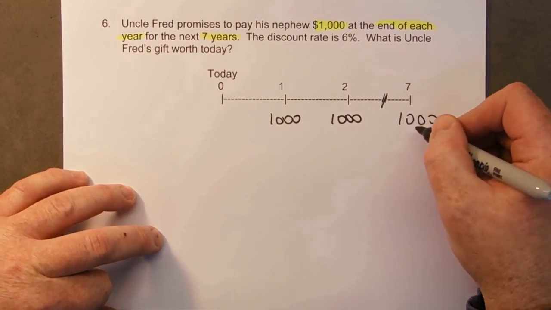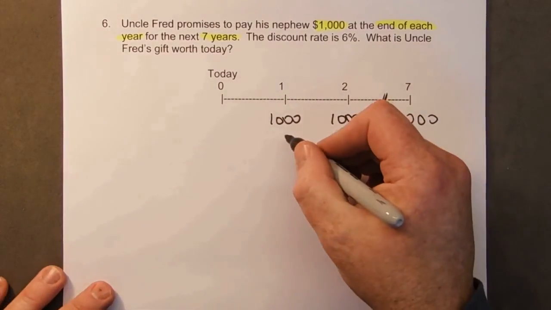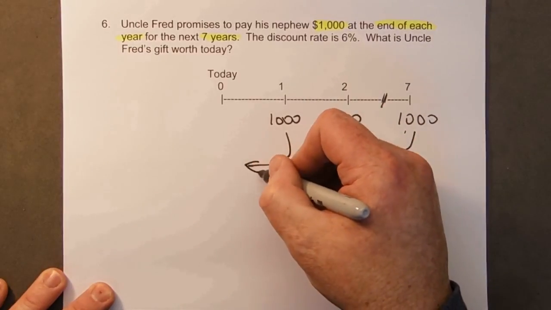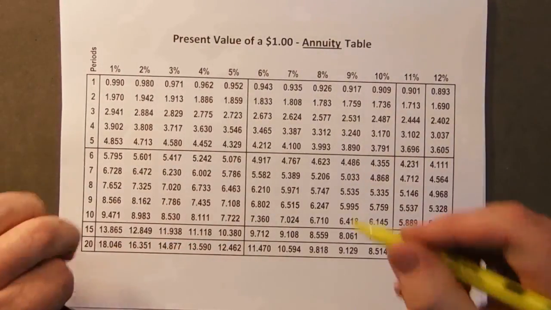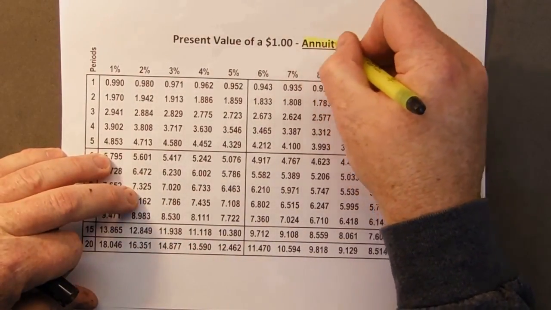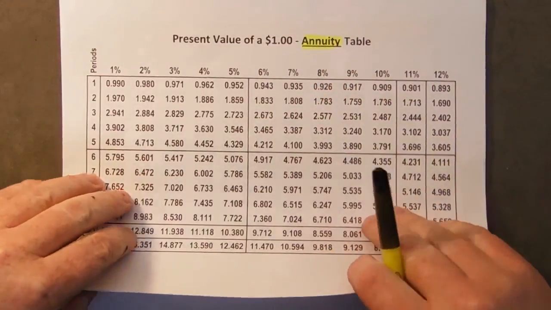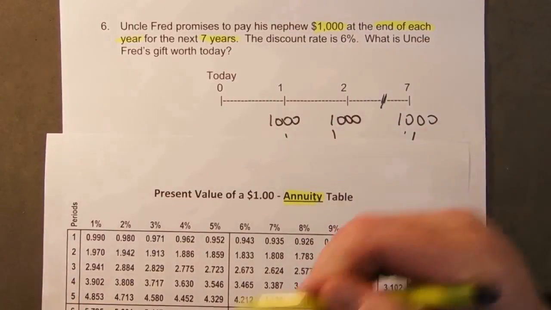Don't have enough room on the paper. So 3, 4, 5, 6 will be scrunched up in there. Now, we could do 7 calculations on the single payment table. 7 years, 7 payments, and we would come out with the correct answer. But since this is an annuity, let's save some time and do it all at once.